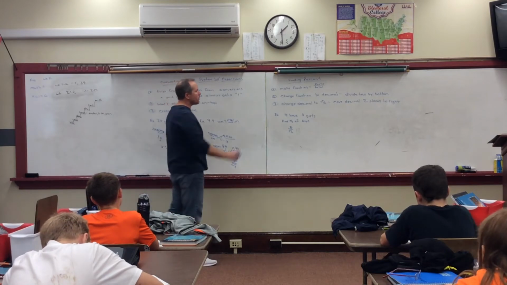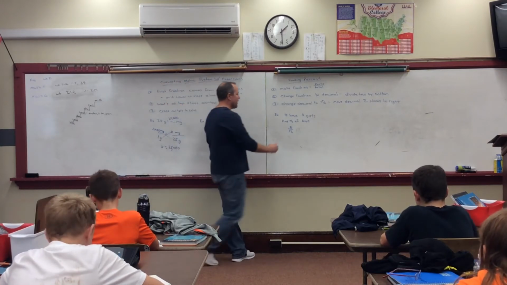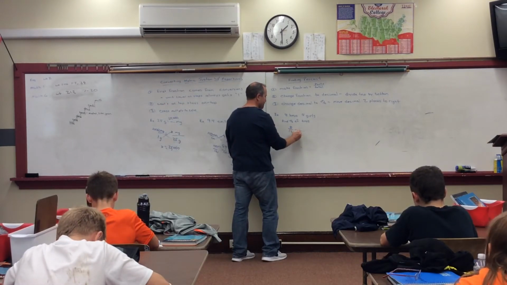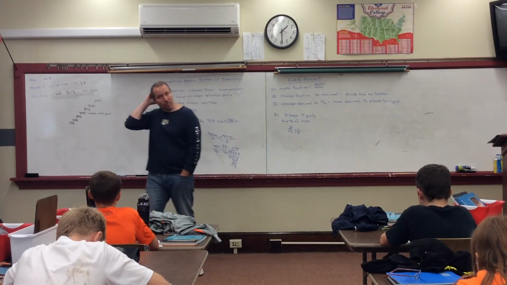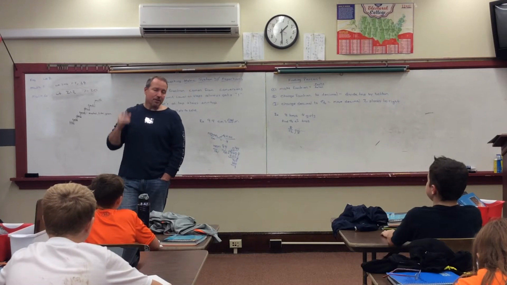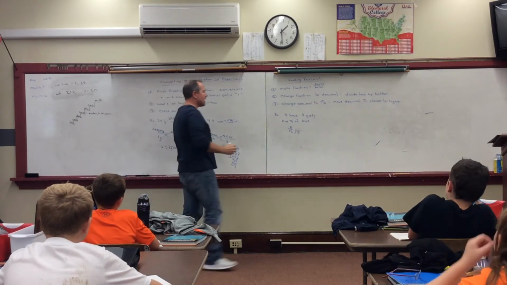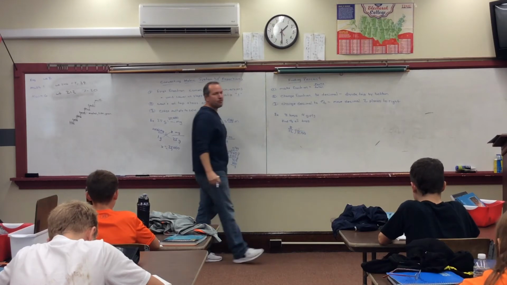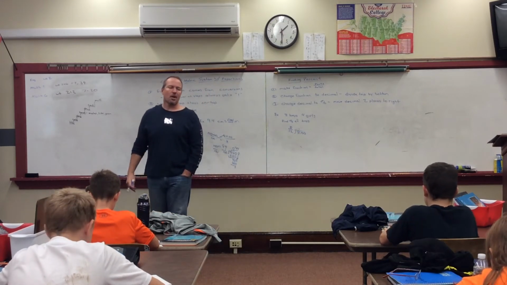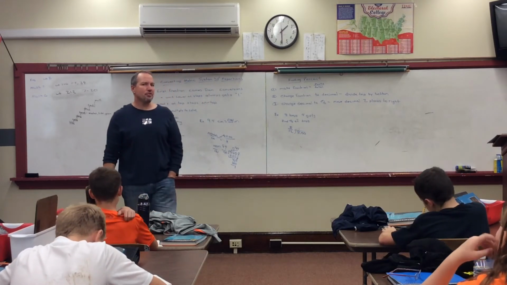The next thing we're going to do is change that fraction to a decimal by dividing the top by the bottom. Now, when we deal with percents, you might as well get in the habit of putting a decimal and adding 2 zeros. Why do you think you want to put a decimal and add 2 zeros?